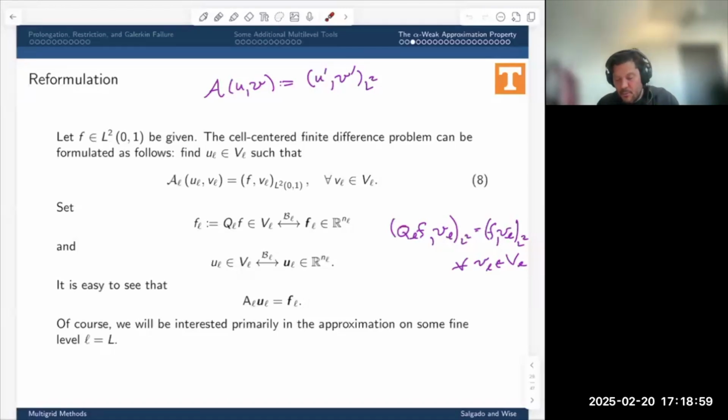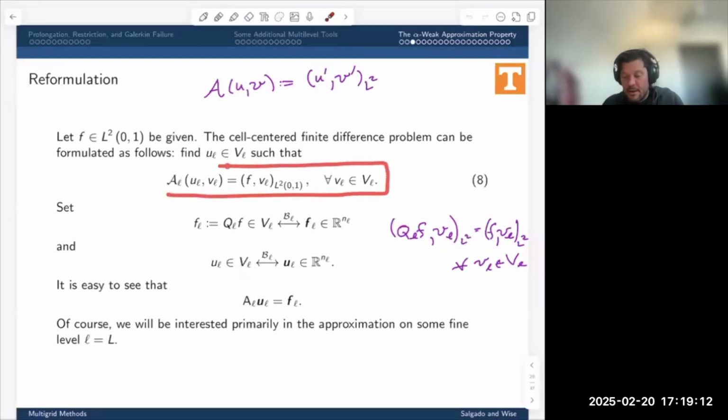So we're going to call both of these the cell-centered finite difference problem, even though this one is kind of not a cell-centered finite difference problem. It's something entirely its own. It's a different thing.